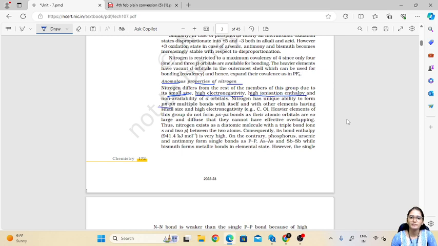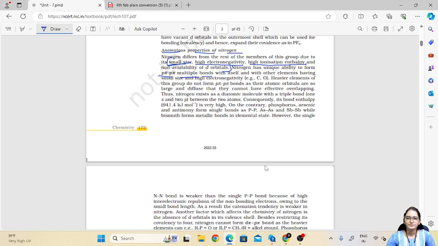So p-pi multiple bonding can be seen in nitrogen, and with other elements having small size and high electronegativity. These points are very important: the characteristics exhibited by nitrogen for its anomalous behavior. So small size, high electronegativity, high ionization enthalpy, and non-availability of d orbitals.